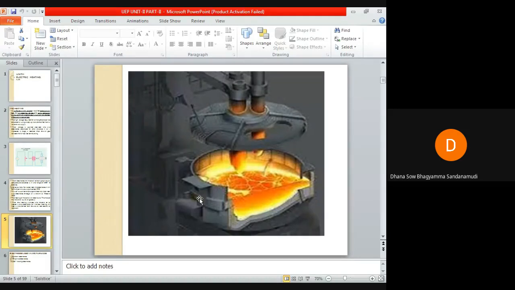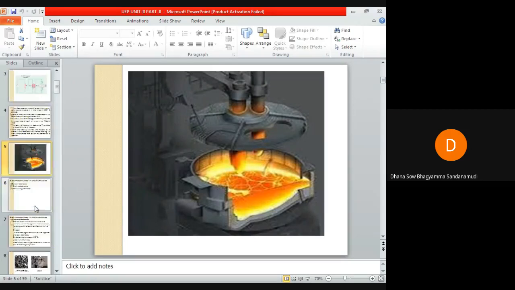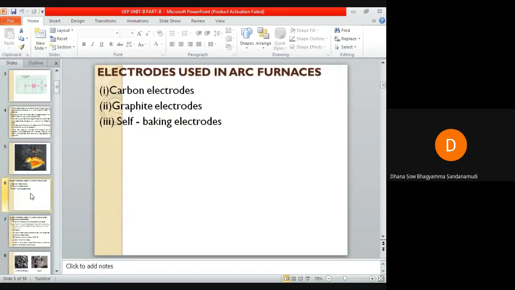You can see a furnace in which this is the substance being heated, and these are the electrodes being inserted here. You can see two electrodes here. Let us discuss the different types of electrodes that are used in arc furnaces. I hope you have understood what is meant by arc.